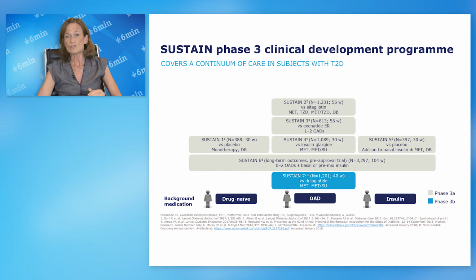Then I will focus on SUSTAIN-6, which is the cardiovascular outcome trial, and finally I will give you an overview of how semaglutide or Ozempic compares to a currently available GLP-1 receptor agonist, which is dulaglutide or Trulicity, that has been evaluated in the SUSTAIN-7.